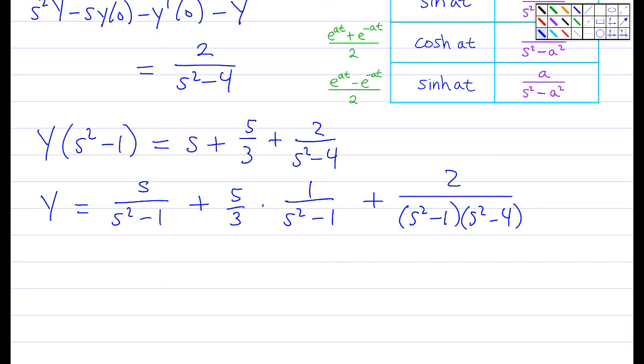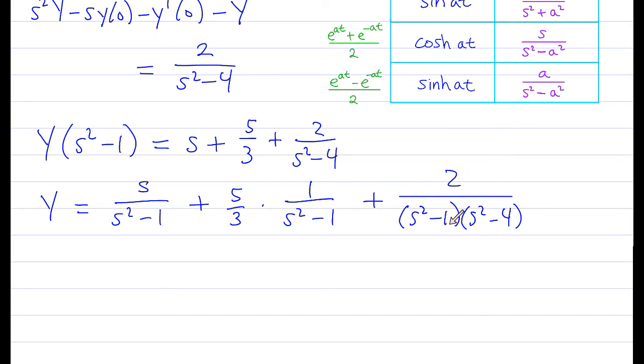Well, parts of this equation look pretty good. This is actually the Laplace transform of cosh, hyperbolic cosine, of t. This is the Laplace transform of 1, right? It's sinh of 1t, or sinh of t. That's this guy right here. So really, we have to work on this one.